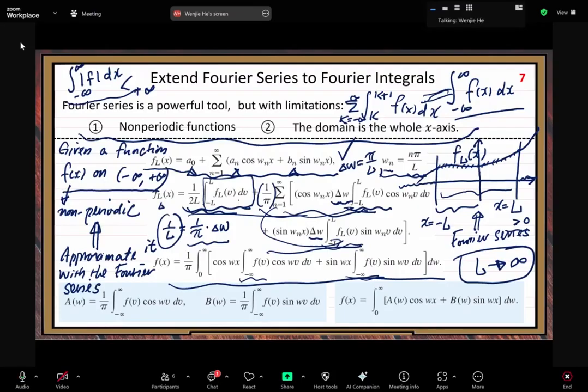The first term has a finite value in the numerator, but the denominator L goes to infinity, so the whole term goes to 0. After you take the limit, when you push L to infinity, the first term goes to 0. It's gone. You cannot see it.